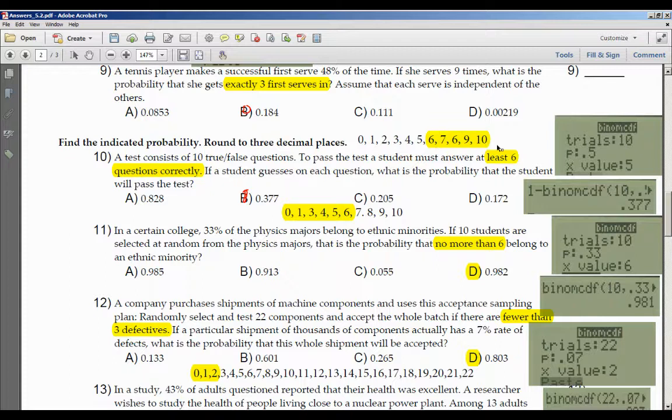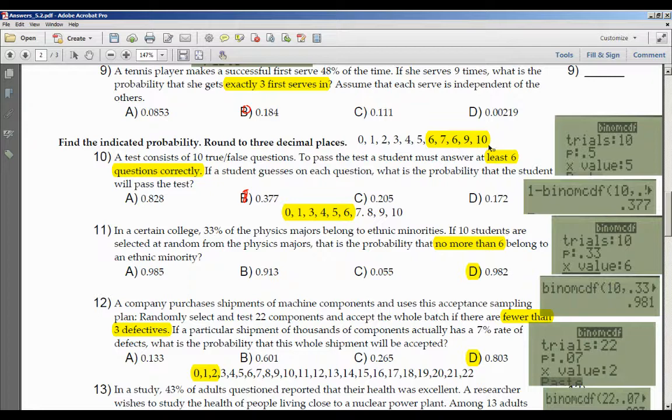That's what you're looking for, but you don't want to do PDF 5 times. What I'm going to do is find the probability of 0, 1, 2, 3, 4, 5. Subtract that answer from 1, and guess what I've got? 6, 7, 8, 9 or 10. At least 6 or more. I don't want to do PDF 5 times.